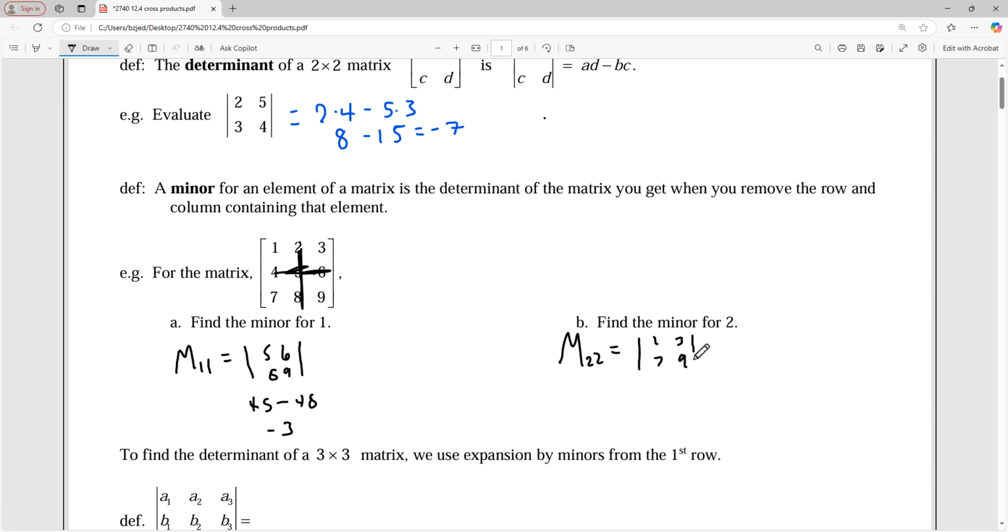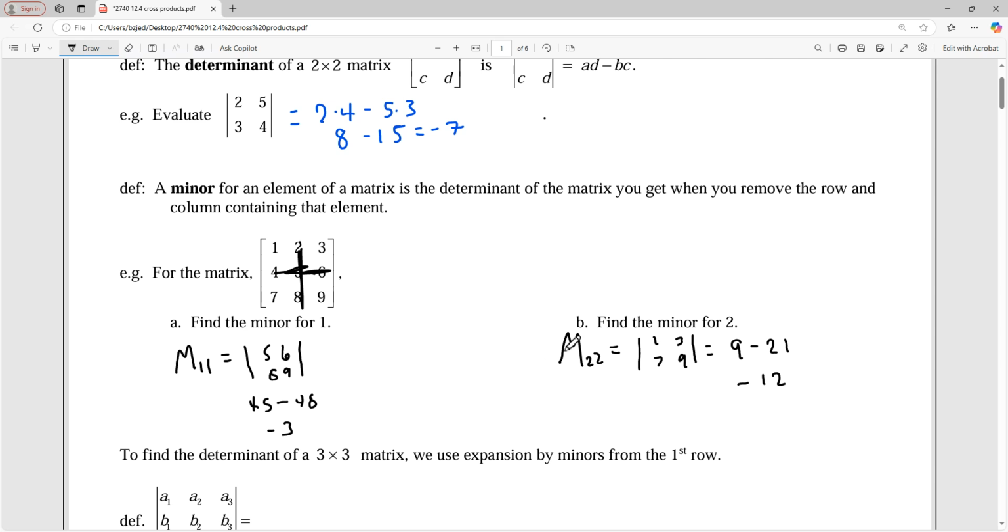I know it's kind of weird to think of it that way, but I could cross out the second row and the second column, and I'd be left with those numbers. And then I would be left with 1 times 9, which is 9, minus 3 times 7, which is 21, and then 9 minus 21 would be negative 12.